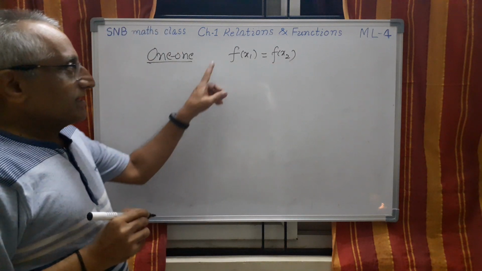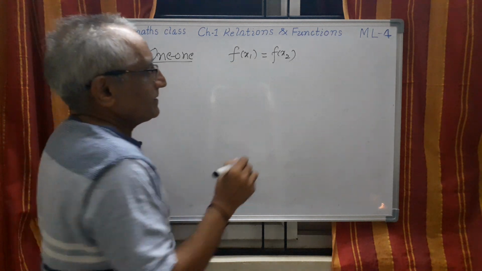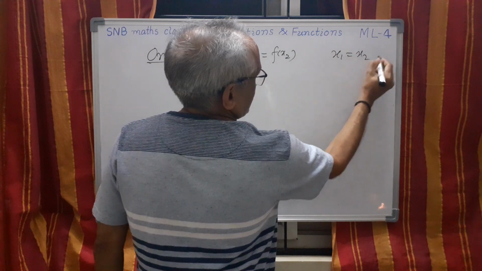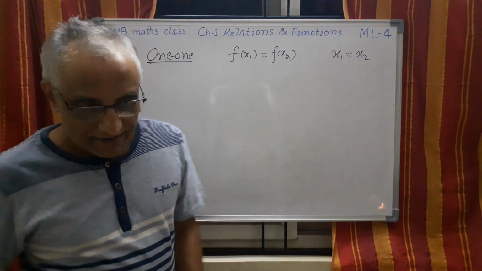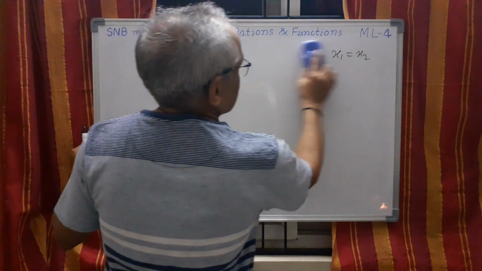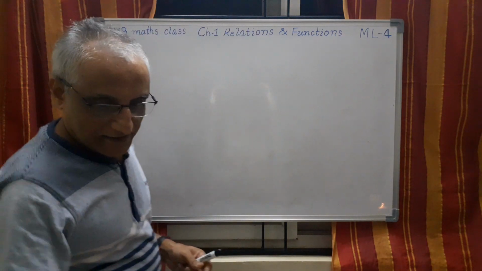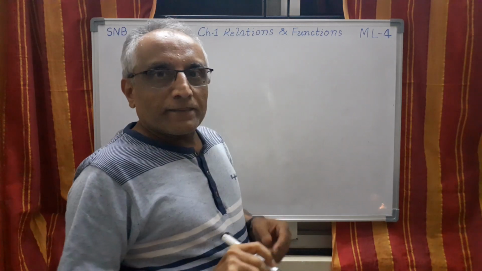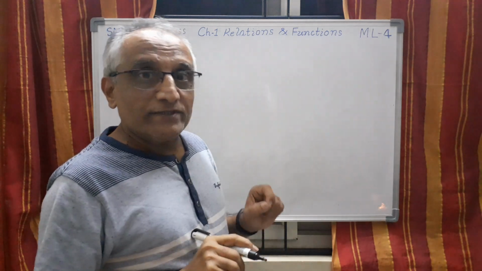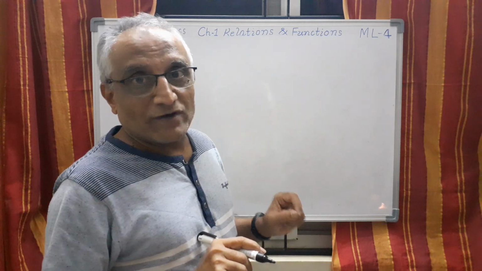If f of x1 equal to f of x2, then we have to show that x1 equal to x2. And in the last lecture, I gave you a sufficient number of examples for one-one functions. Now, let me give one or two examples of how to prove that a given function is one-one.